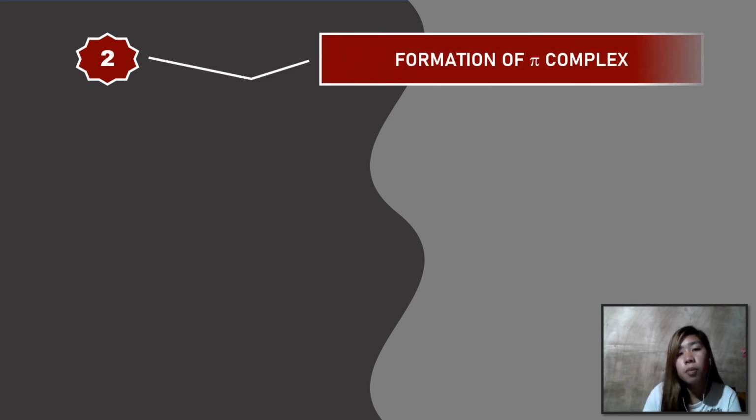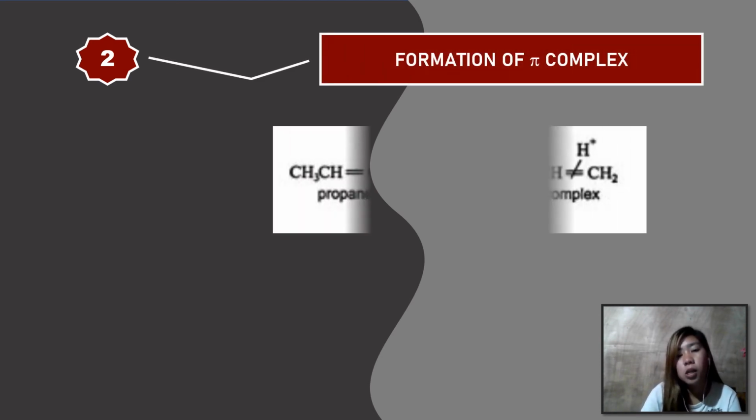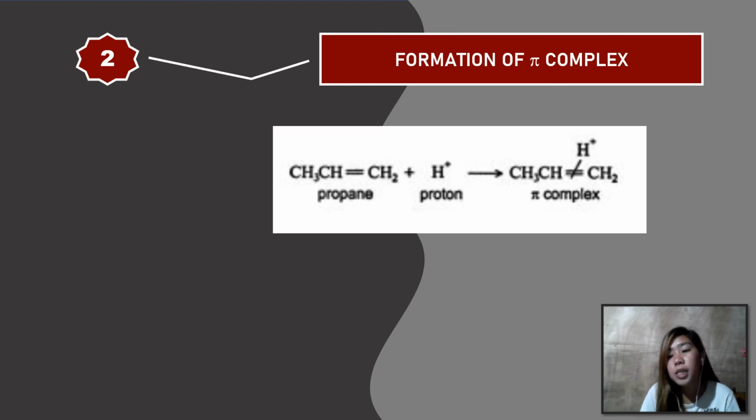After we have dissociated the hydrogen halide, we now go to the second step, which is the formation of the pi complex. As we can see in the picture given, we have here a propene, and here is the pi complex that we're going to form. First, as stated in the Markovnikov rule, we're going to utilize the proton, which is the hydrogen atom.